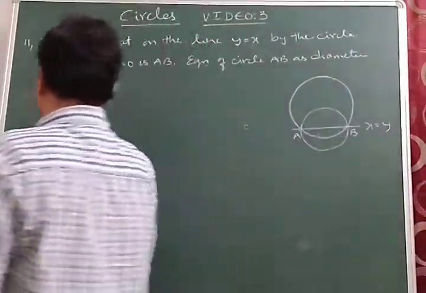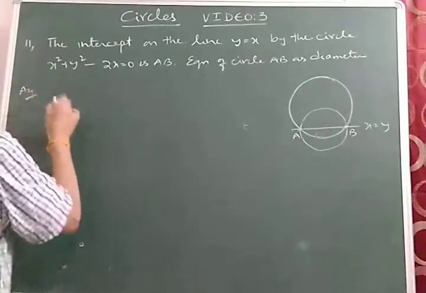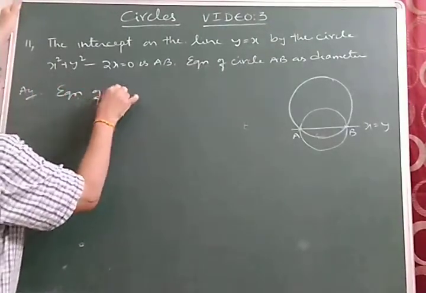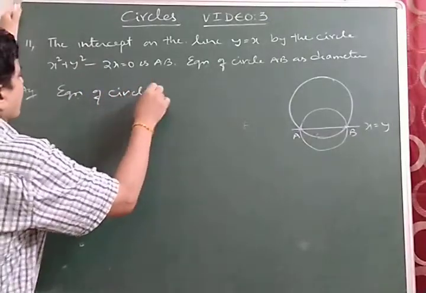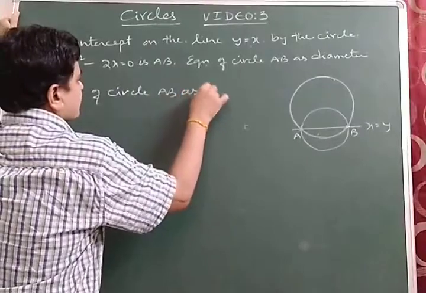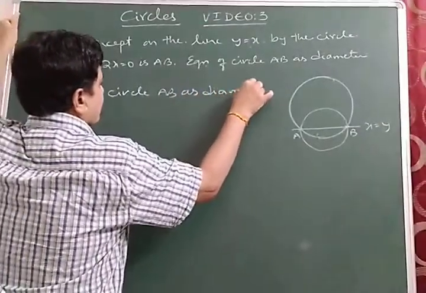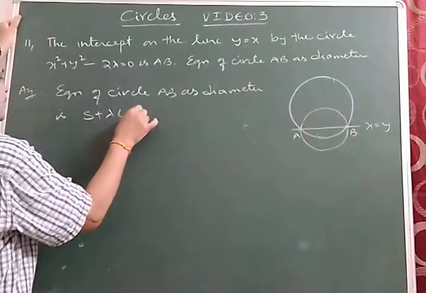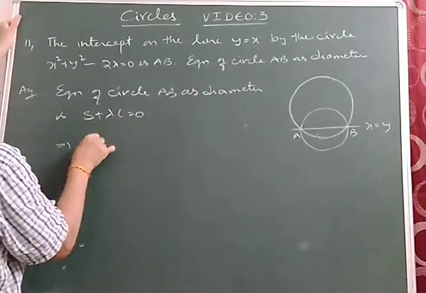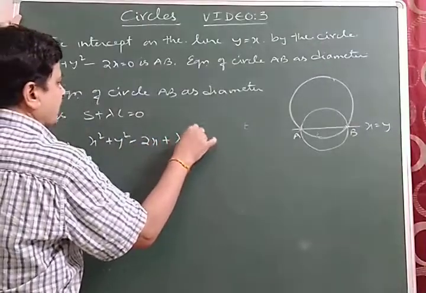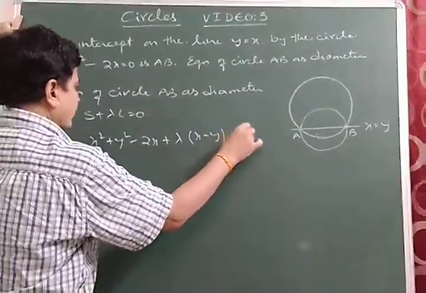Now, the equation of the circle with AB as diameter is s plus lambda L is equal to 0. So that implies x square plus y square minus 2x plus lambda into (x minus y) is equal to 0.